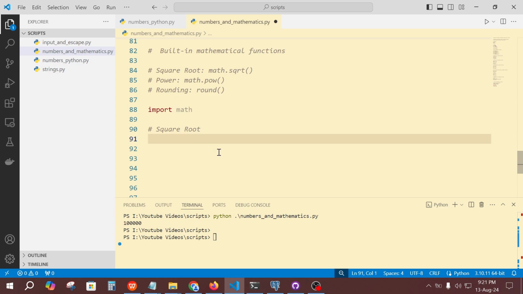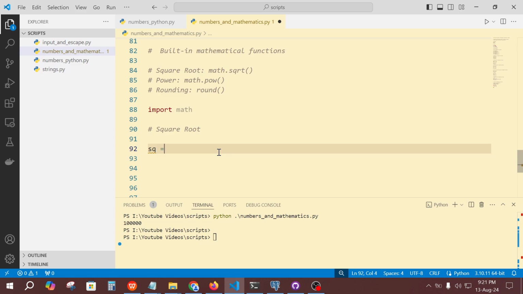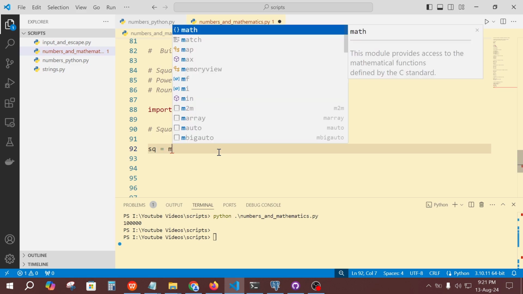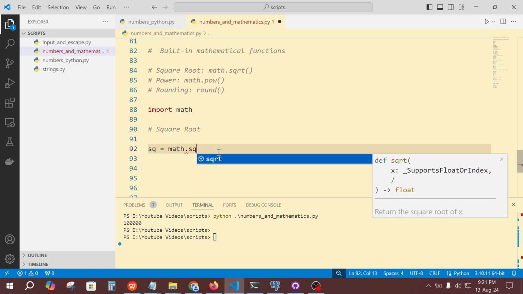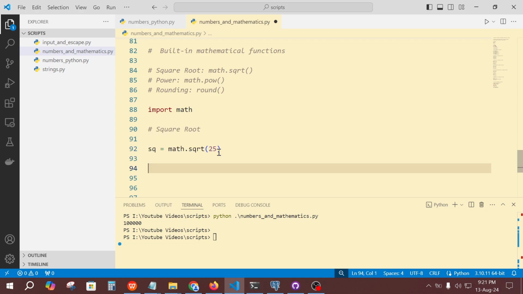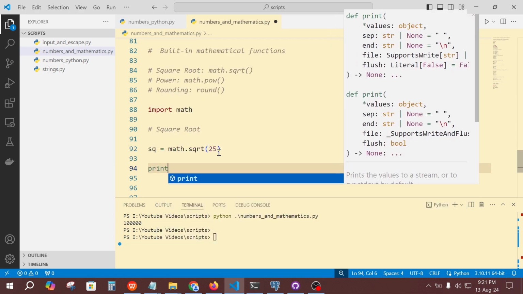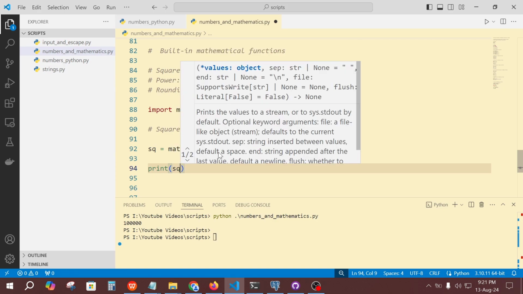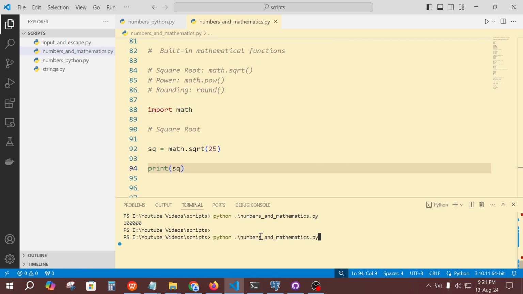For square root we will say sq equals math.sqrt, the square root of 25, and then print sq. Let me run it, and it is 5.